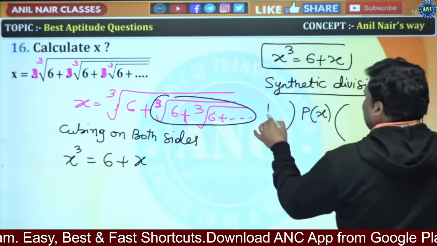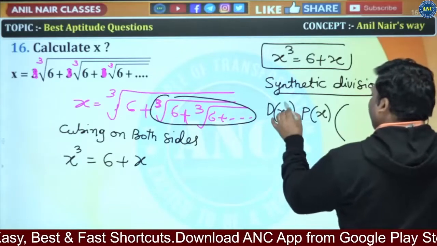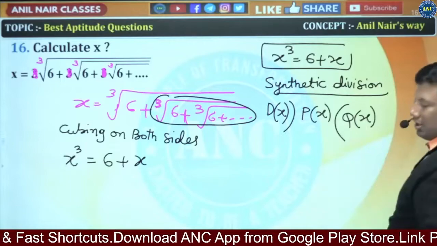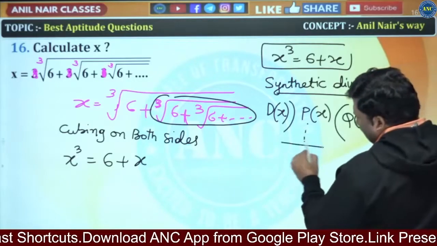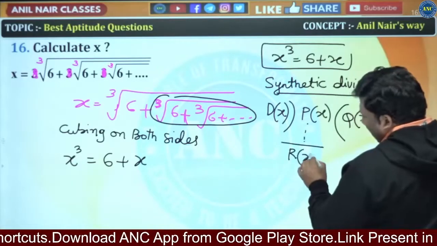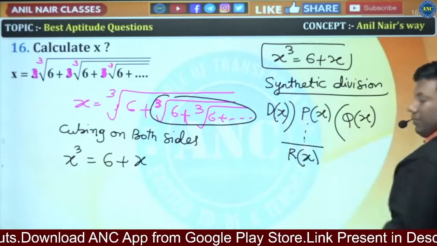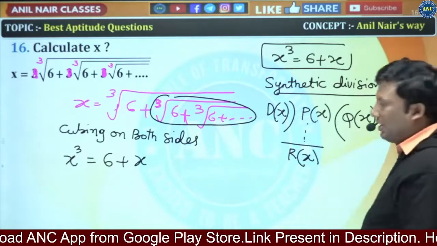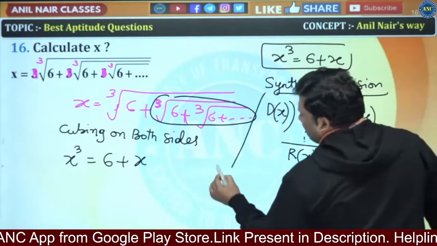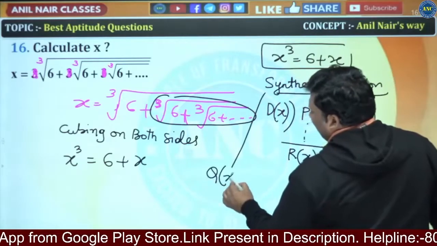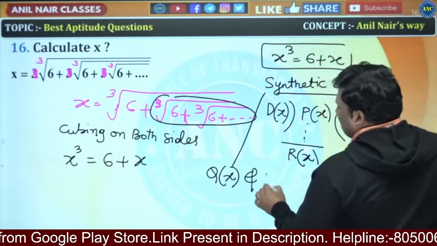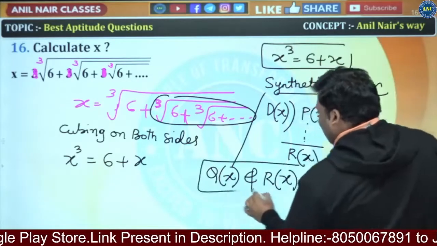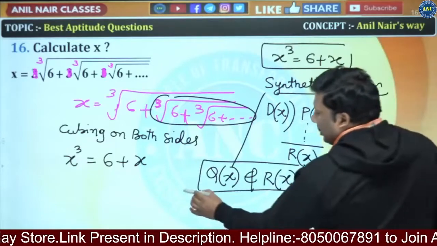When a polynomial function is divided by any other polynomial function, I will get a quotient as well as a remainder. By using synthetic division, I can find the quotient as well as the remainder.